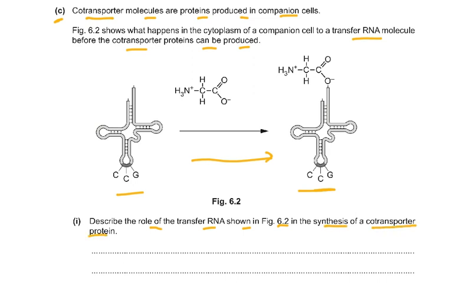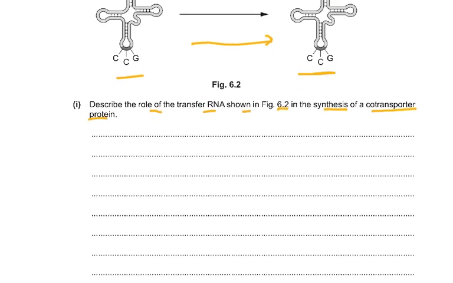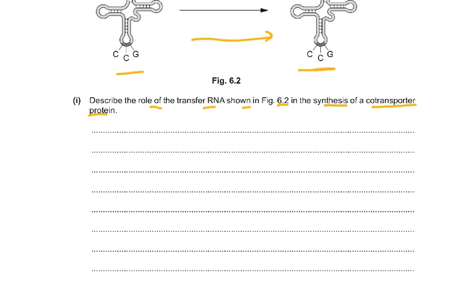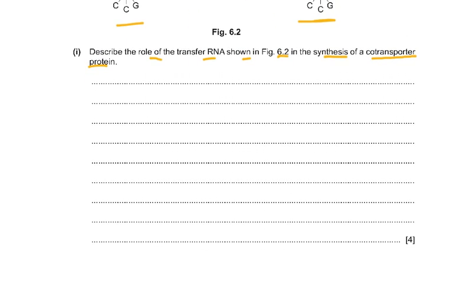Whether it is a co-transporter or any other protein, whether it's an enzyme, hemoglobin, or myoglobin, it's basically the same thing, transcription and translation. If you know that, I'm sure you can answer it, but if you don't know it, then you're going to give me some weird stories. So describe the role of the transfer RNA. That's 4 marks.